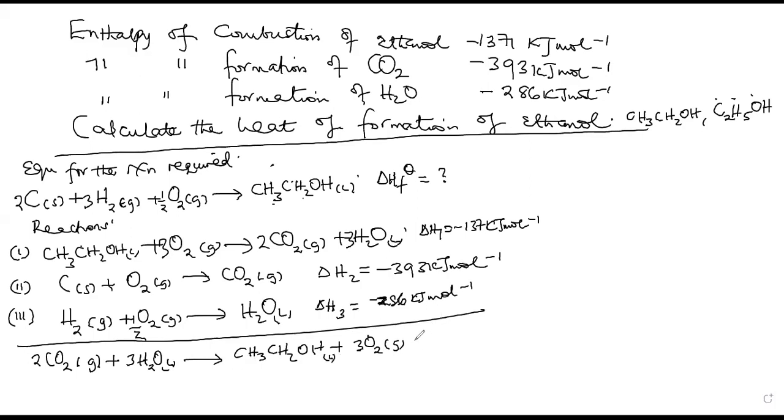So now I've interchanged this equation. The moment I interchange, this one will be negative ΔH1. Then the required equation has 2 carbon atoms, but in the reaction equation we have 1 carbon, meaning we shall multiply equation 2 by 2.